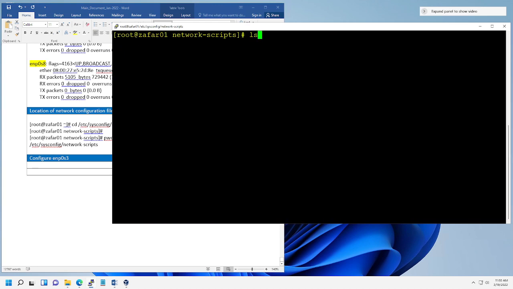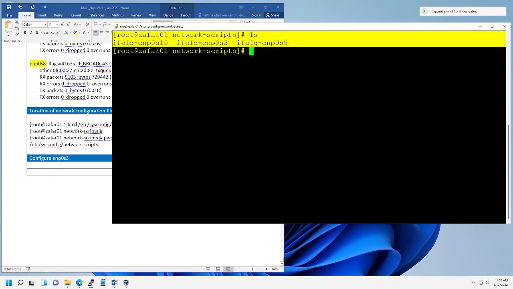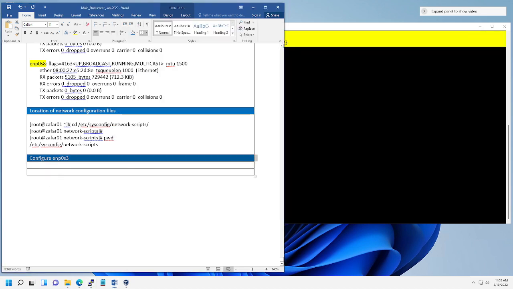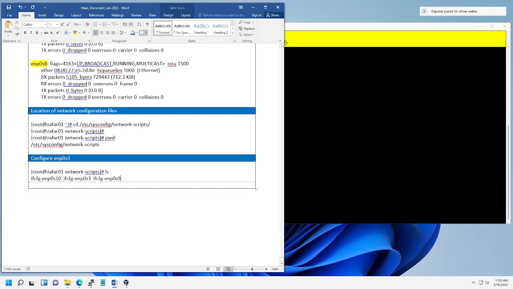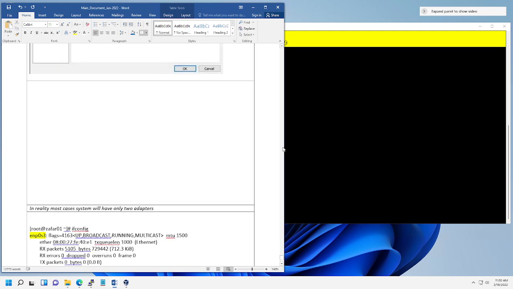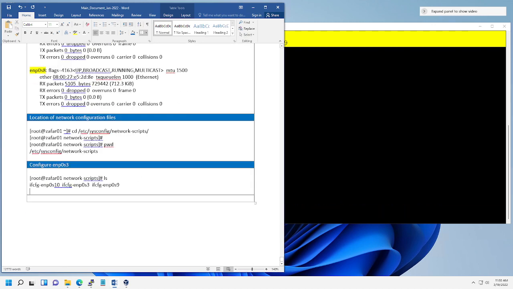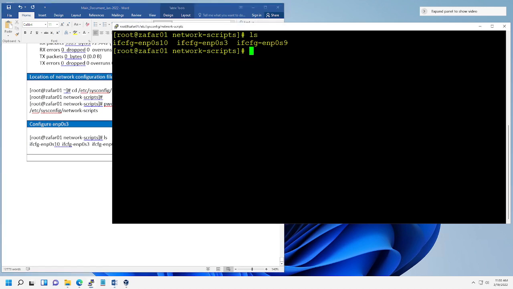If I do ls here, if you look closely, which file are we going to deal with if we're configuring ENP0S3? We're going to have to mess with this file here.